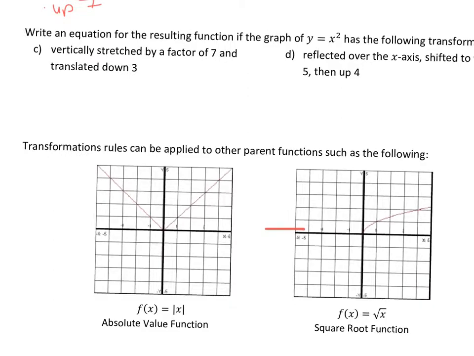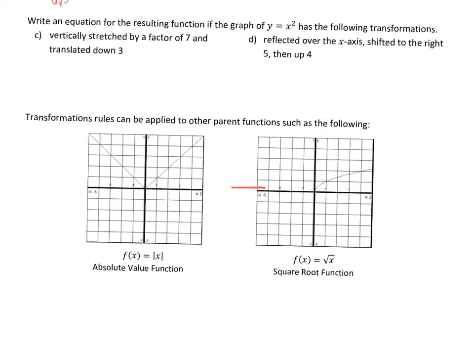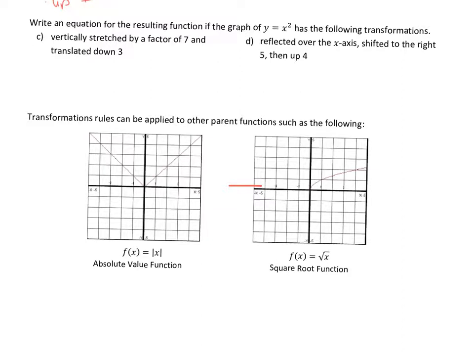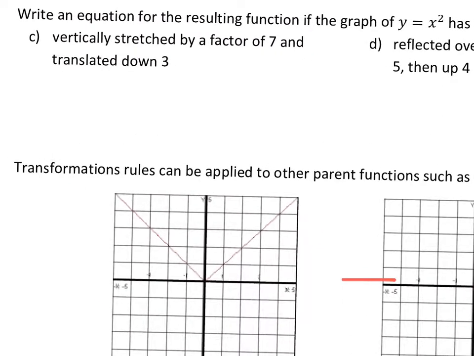Write an equation for the resulting function if the graph of y equals x squared has the following transformations. This is the same thing as A and B, but in reverse. You give me the function, and I'm telling you what's happened. So again, I'm going to start with y equals... vertically stretched by a factor of 7. That means I'm going to start with my a being 7.